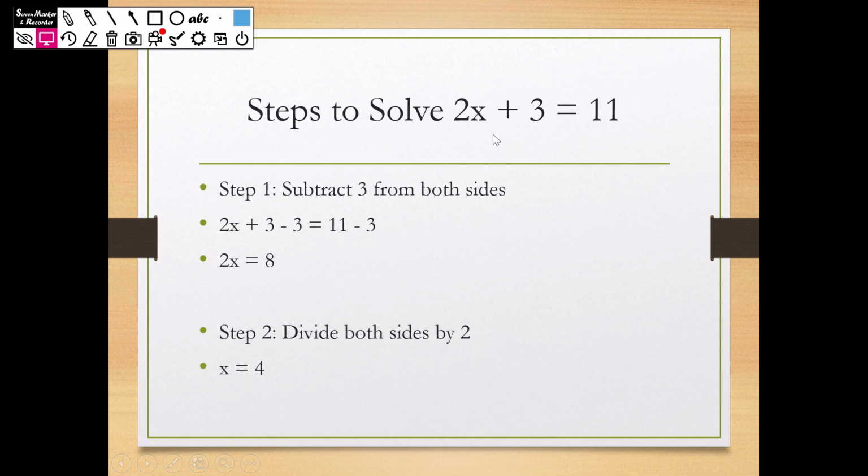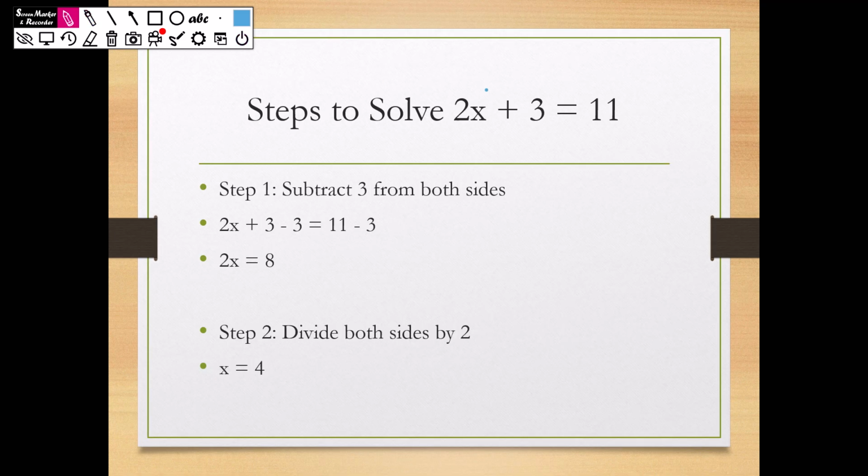So in order to solve 2x plus 3 equal to 11, we will start solving it step by step together. The original equation is 2x plus 3 equal to 11.